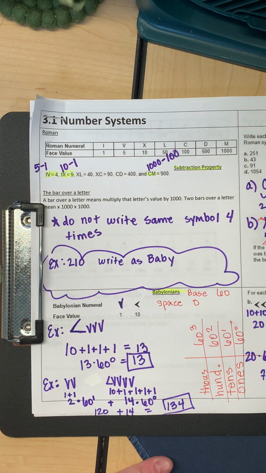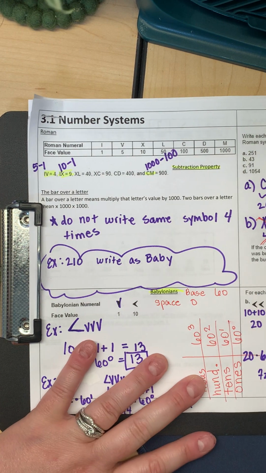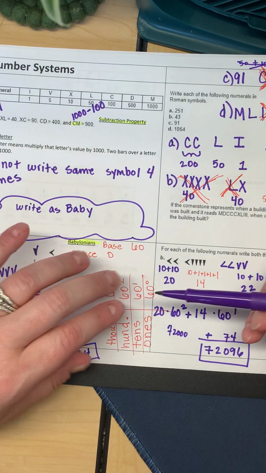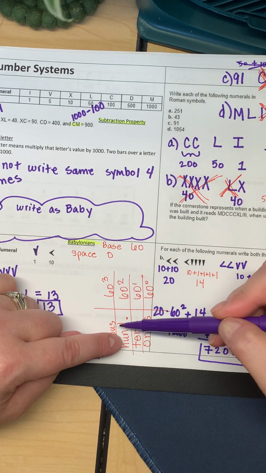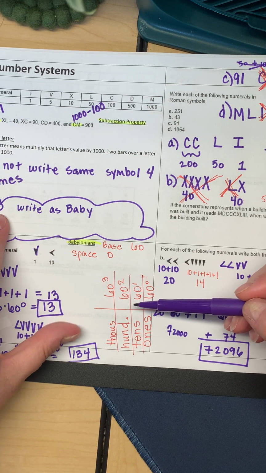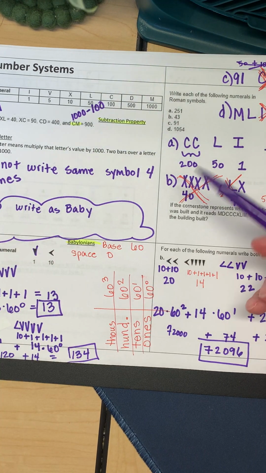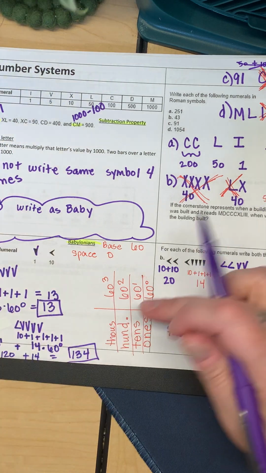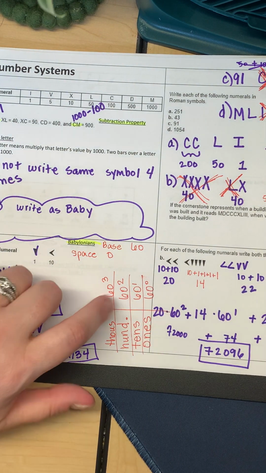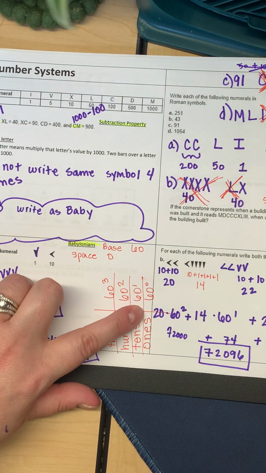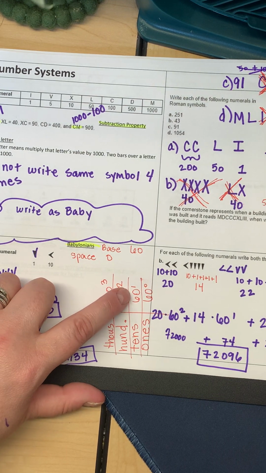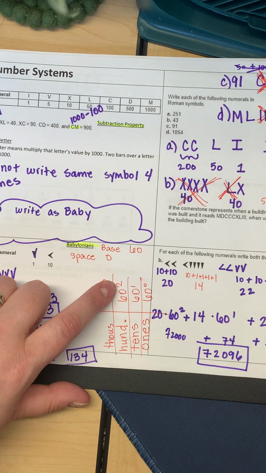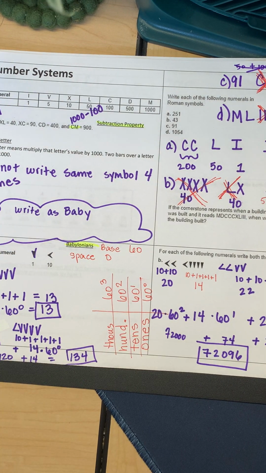So first we have to figure out which one of these describes 210. Well, let's see here. 60 to the 0 is just a 1. 60 to the 1 is 60. 60 squared is like 3,600 or something.